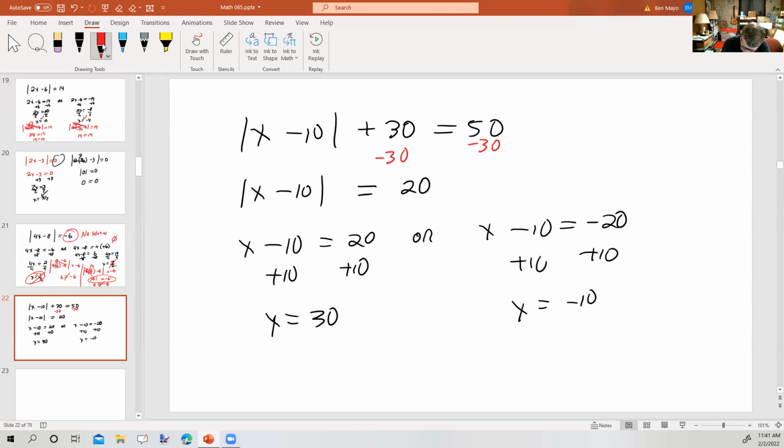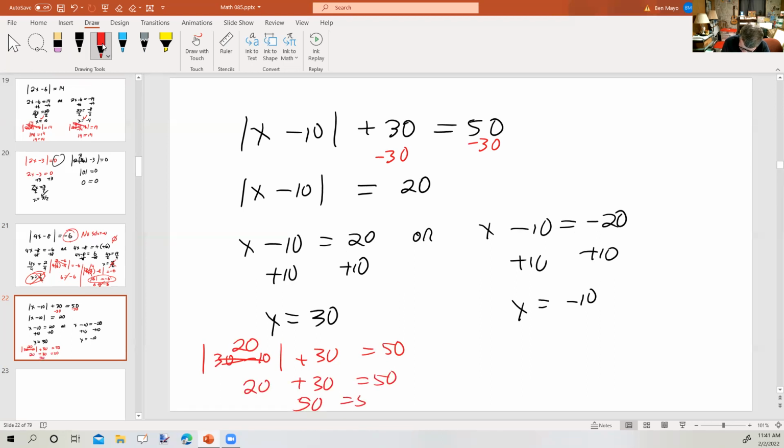Let's check our work. If x is 30, we get the absolute value of 30 minus 10 plus 30 equals 50. 30 minus 10 is 20, and the absolute value of 20 is 20. 20 plus 30 is 50. 50 equals 50, so it checks.